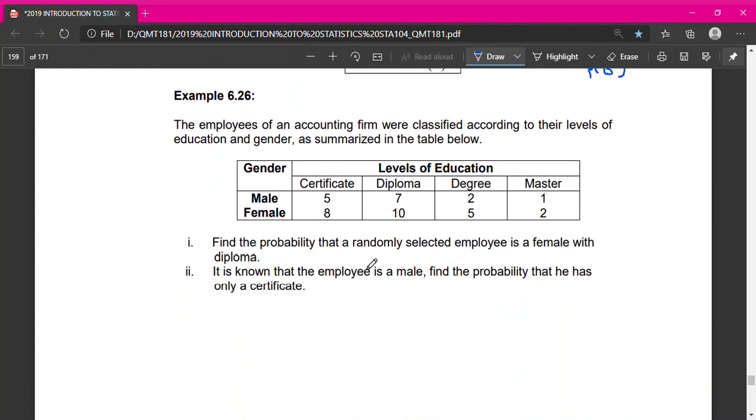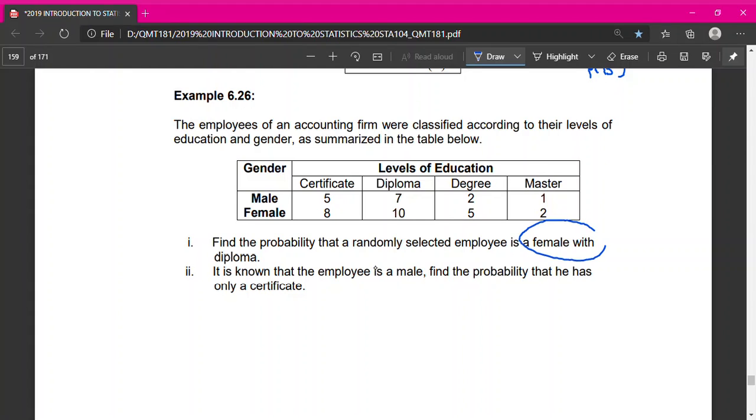Okay, let's see example. The employees of an accounting firm were classified according to their levels of education and gender. Dia bagi dalam bentuk table. Kita ada gender, male and female, dan juga level of education. We have 4 levels here. Soalan pertama. Find the probability that a randomly selected employee is a female with a diploma.